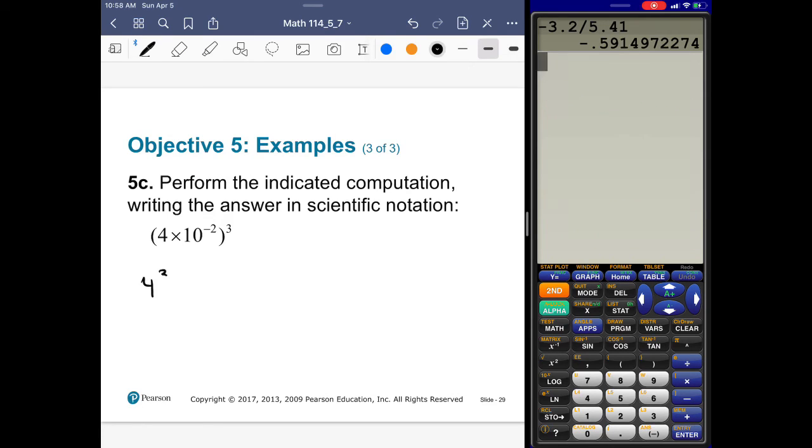Next, this becomes 4 cubed times 10 to the negative 2 times 3. That's going to be 64 times 10 to the negative 6. But we need to move the decimal one place, so it's 6.4 times 10 to the negative 5.